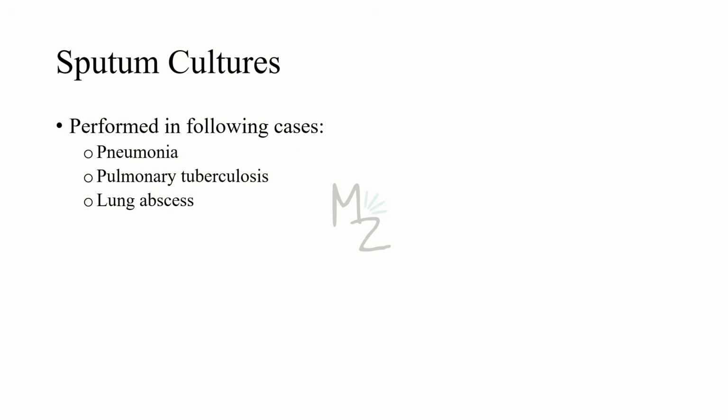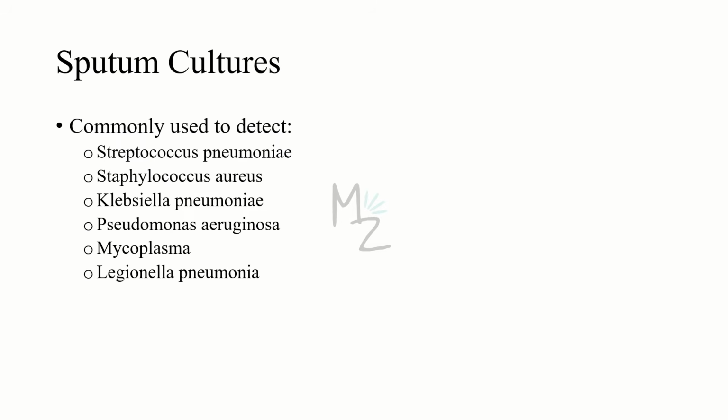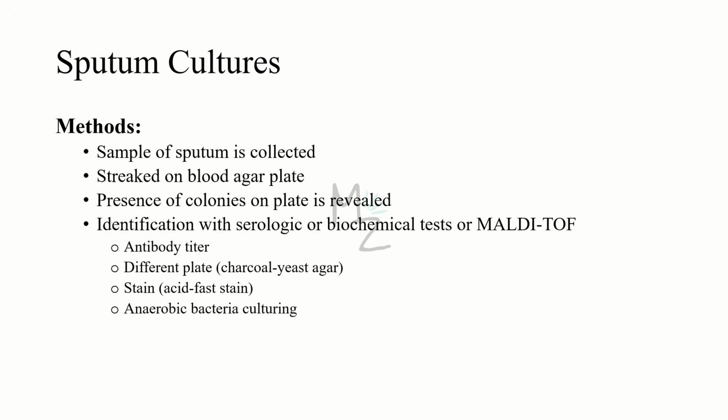Sputum cultures. These are performed in the cases of pneumonia, pulmonary tuberculosis, and lung abscess. And they are commonly used to detect Streptococcus pneumoniae, Staphylococcus aureus, Klebsiella pneumoniae, Pseudomonas aeruginosa, Mycoplasma, and Legionella pneumonia. Method. Prior to doing anything else, we are going to collect what? Samples. The sample of sputum is collected. It is the sputum, not the saliva or nasopharyngeal secretions from the upper airway.